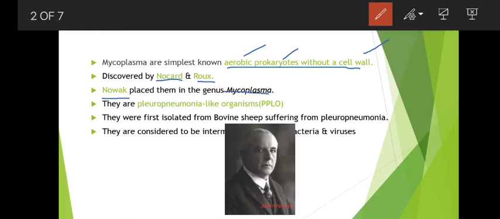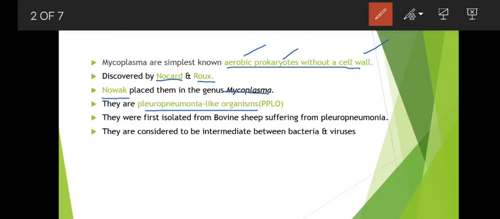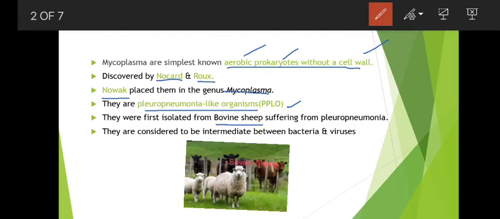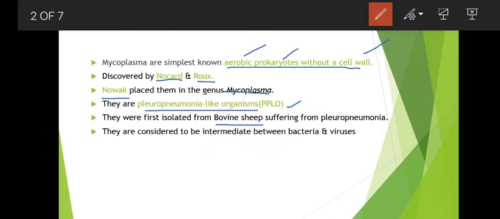They are also called Pleuro-pneumonia-like organisms or the PPLOs. They were first isolated from bovine, which was suffering from pleuropneumonia.